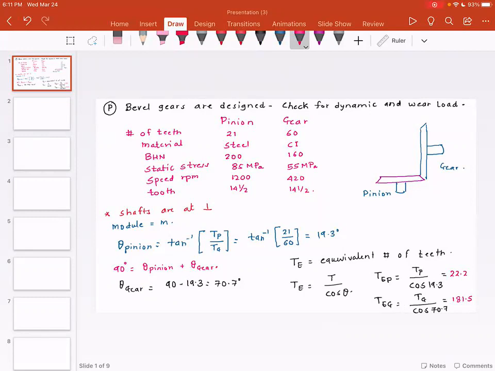But in the case of bevel gears, the actual number of teeth are used to find the equivalent number of teeth. However, the equation remains the same.